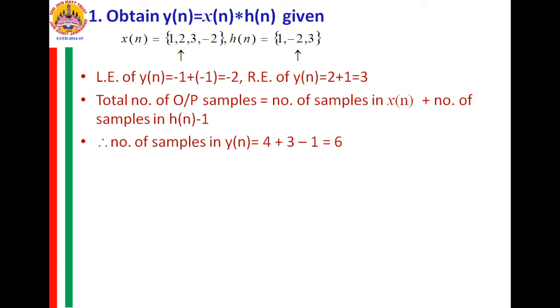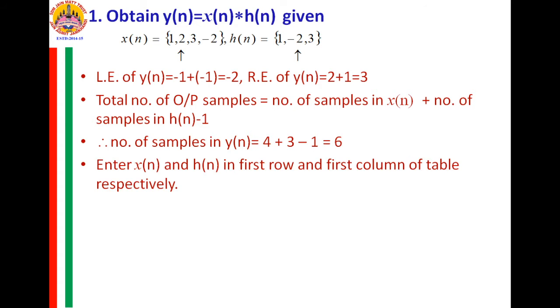Now, to proceed with the tabular method of convolution to find y of n for this finite duration signal, we have to enter x of n and h of n in a table, where the first row and the first column of the table will be entered by x of n and h of n respectively.